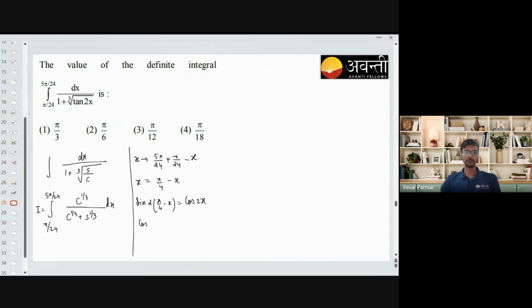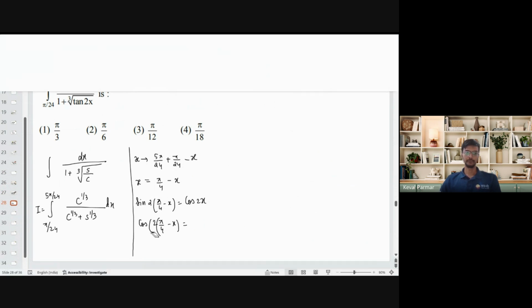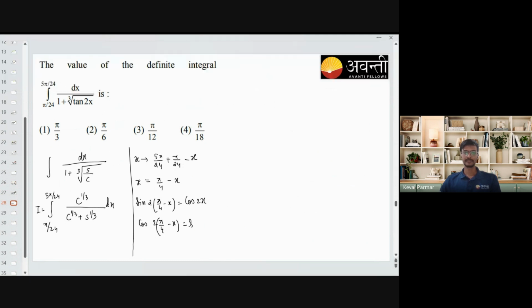And similarly, cos of 2 times pi by 4 minus x will be equal to sine 2x. So basically, cos will become sine and sine will become cos. Let's mark it as equation 1. The I will remain, the limits will remain the same. Cos will become sine and sine will become cos.